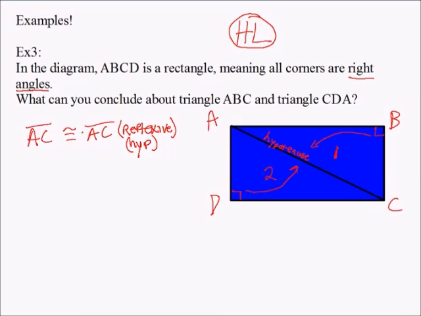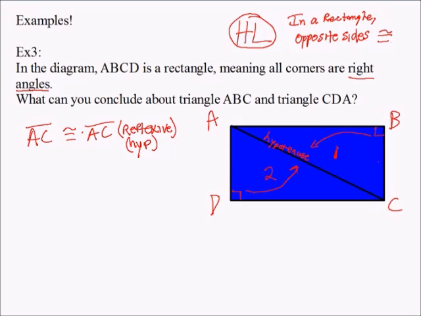this is something you really don't know yet, but I'll tell you. In all rectangles, opposite sides are congruent. That's something you really don't know. So in a rectangle, opposite sides are congruent.